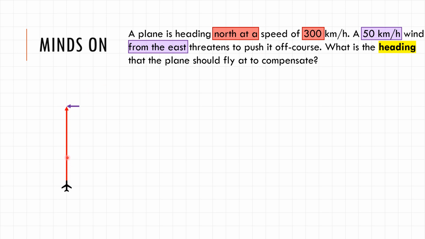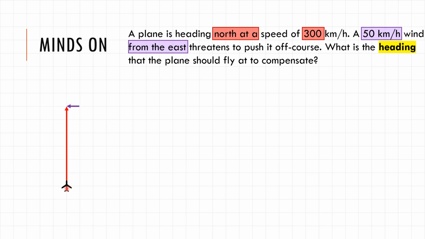So this is the speed of the airplane. We might call that a vector. And over here is another vector, a much less powerful vector. This is the wind coming from the east. Now, obviously, this wind is going to push the plane off course, and we have to figure out what heading the plane should fly at in order to compensate for this wind pushing it off its course.